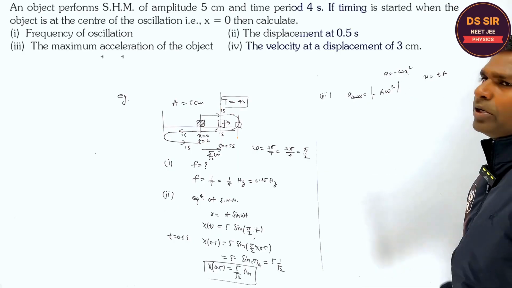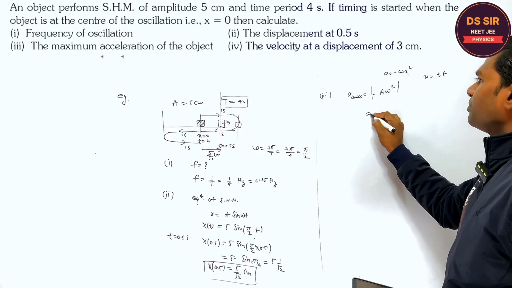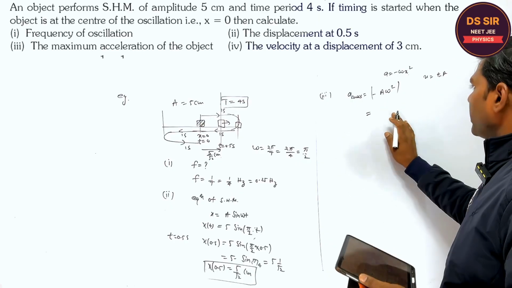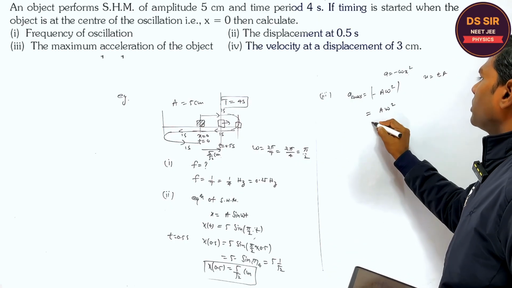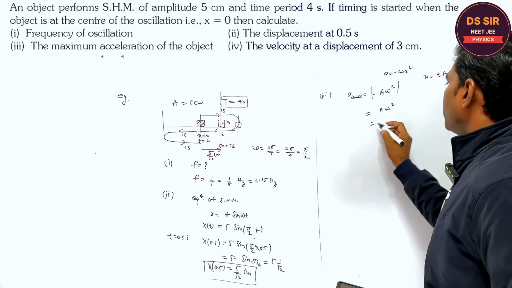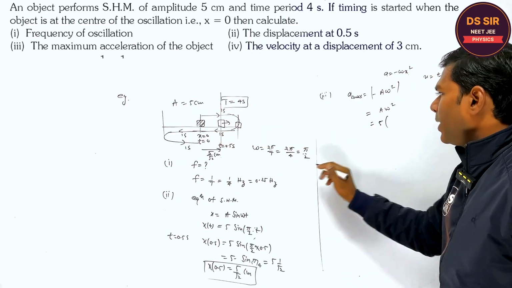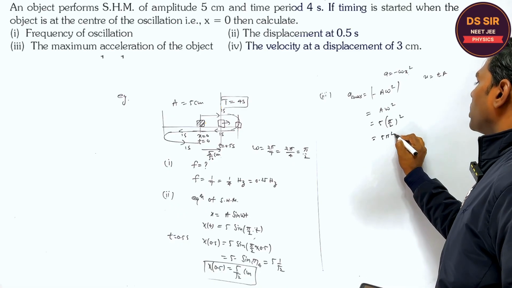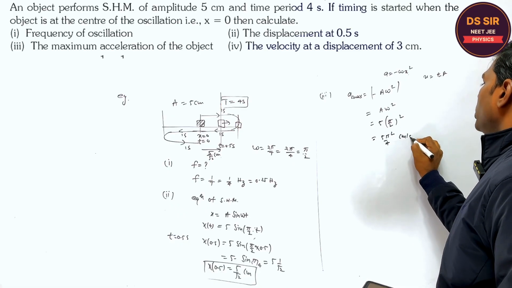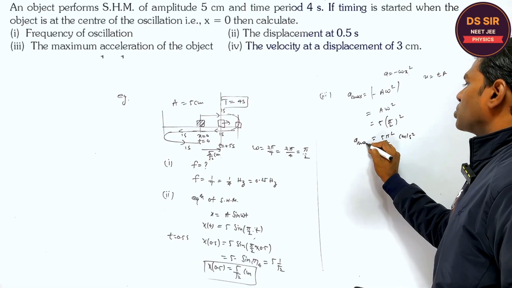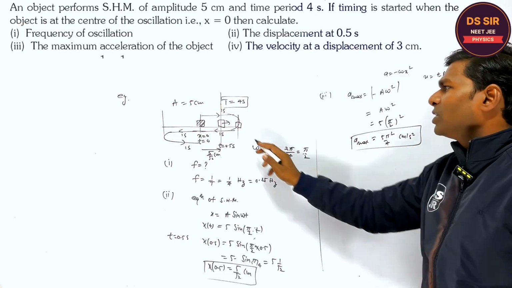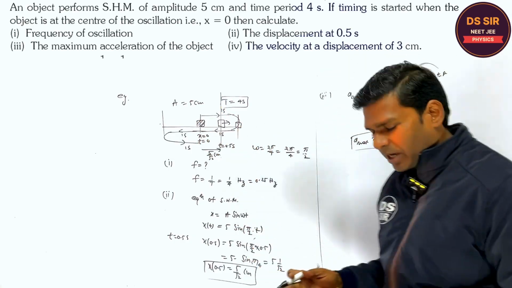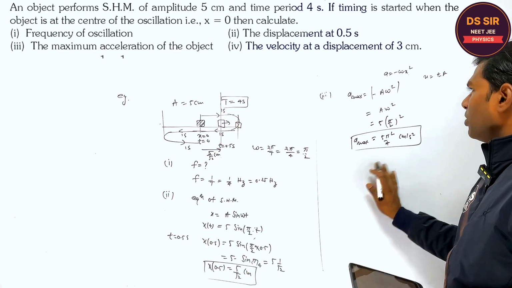I am taking the magnitude, right? The maximum acceleration is a omega square. The amplitude is 5 centimeter. Omega is pi by 2, whole square. It is equal to 5 pi square by 4. The unit is centimeter per second square. And the maximum acceleration occurs at the left and the right extreme. Are you getting or not?